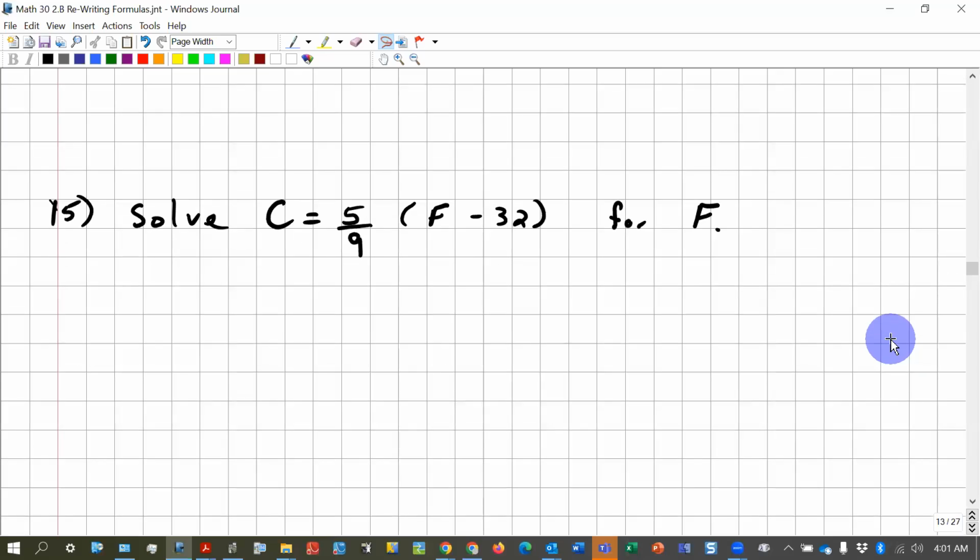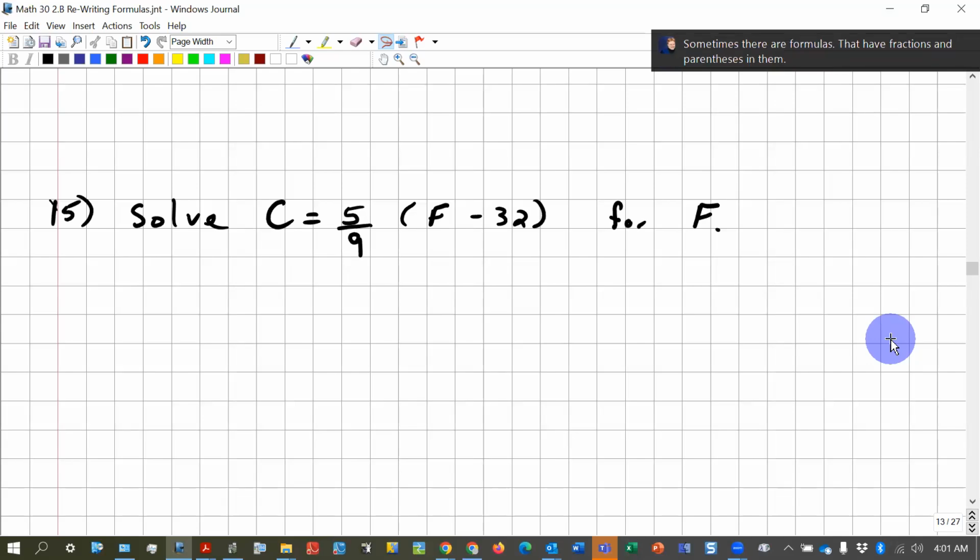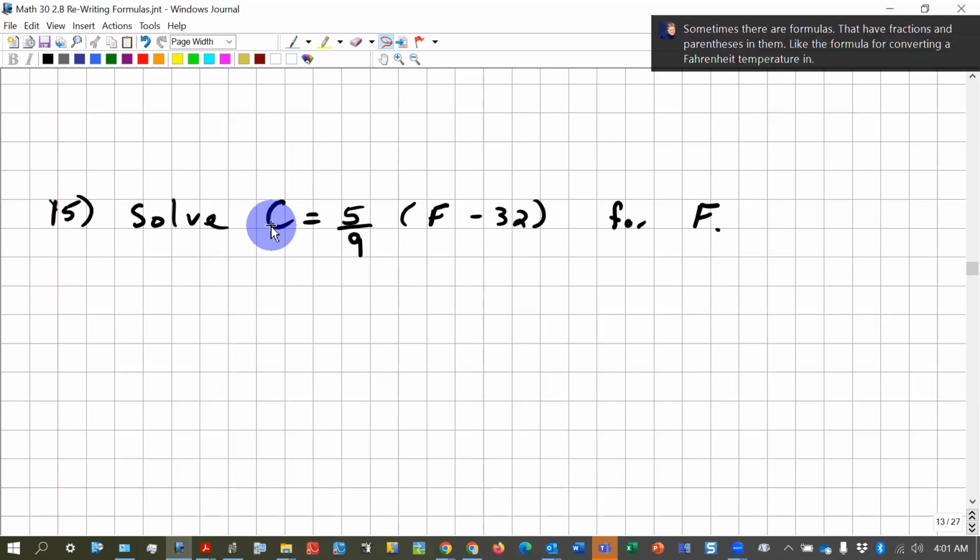Sometimes there are formulas that have fractions and parentheses in them, like the formula for converting a Fahrenheit temperature into a Celsius temperature.